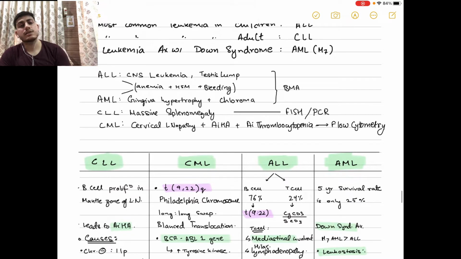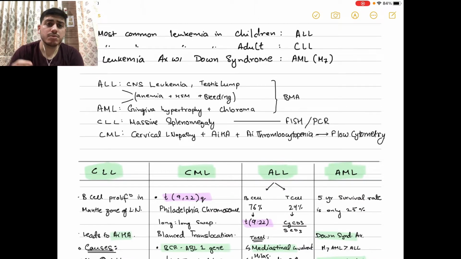Now regarding their clinical features, or the catch points that can help you in identifying the kind of leukemia in questions or in the options in the answers. ALL and AML are both acute. The common features of both of them are anemia, HSM (hepatosplenomegaly), and bleeding because there is low platelet count. Along with bleeding there will be purpura, petechiae, and hemoptysis as well.